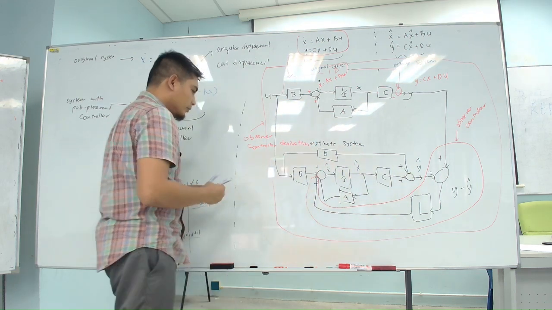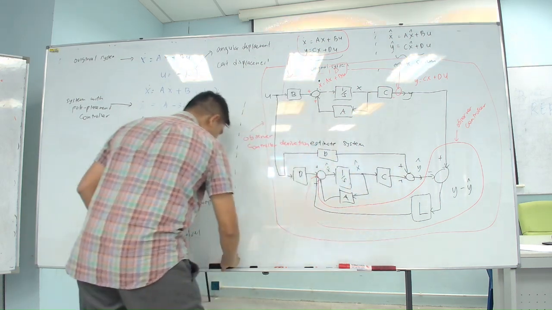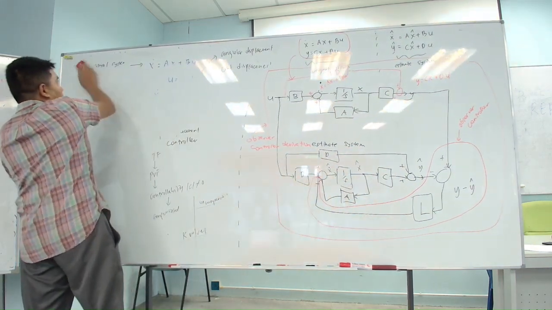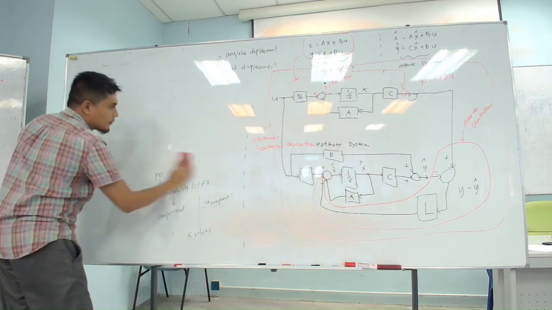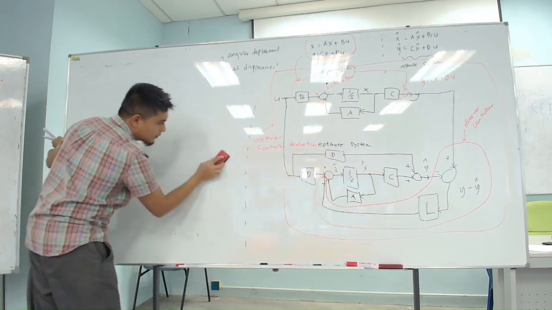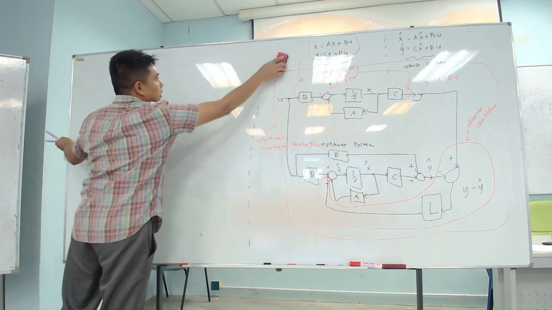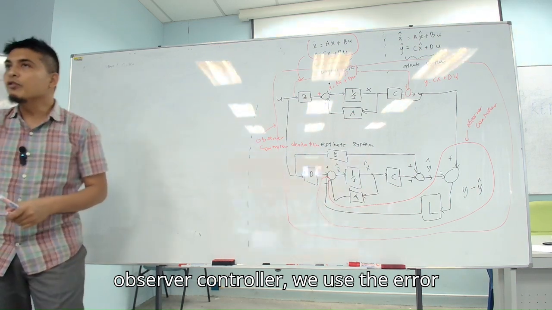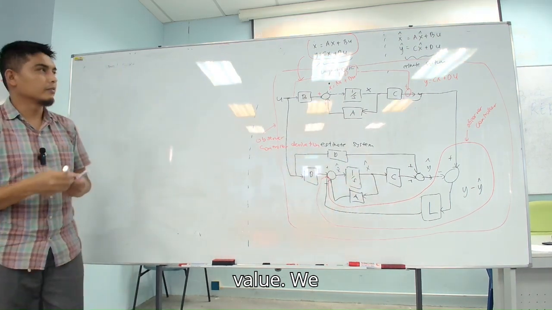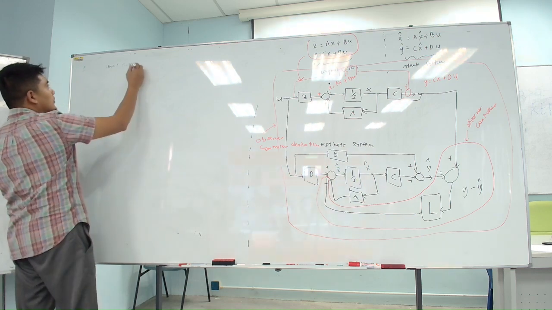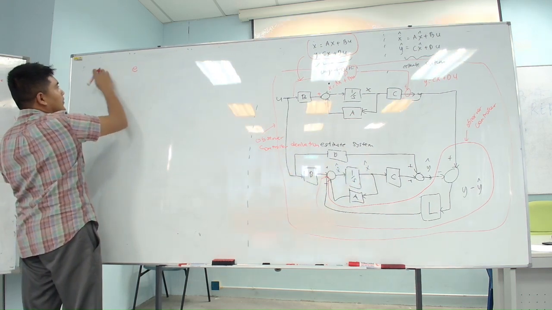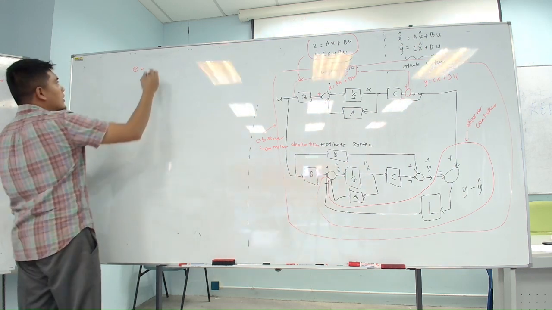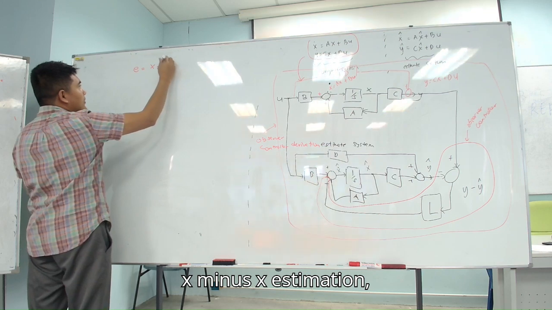So what you need to do, for the observer controller, I told you that we use the error value, which is x minus x estimation.